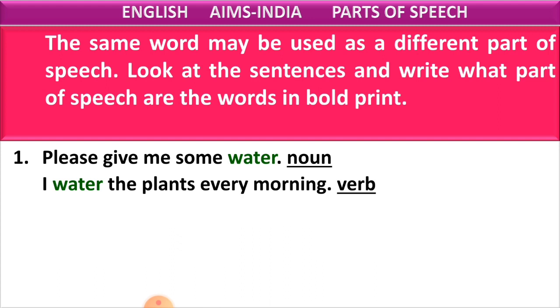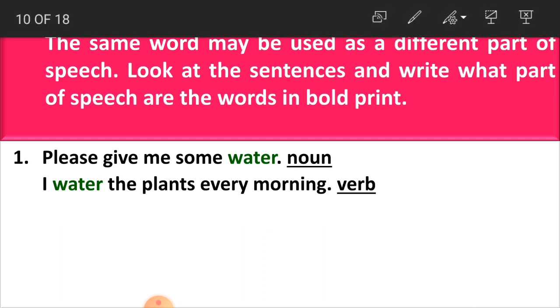Let us check once. For example, we have done it once. Here, please give me some water. And here water, what is it? Here you can see it is in bold letters, water. What does water become here? Noun. Because we are talking about water and water is some sort of thing here.